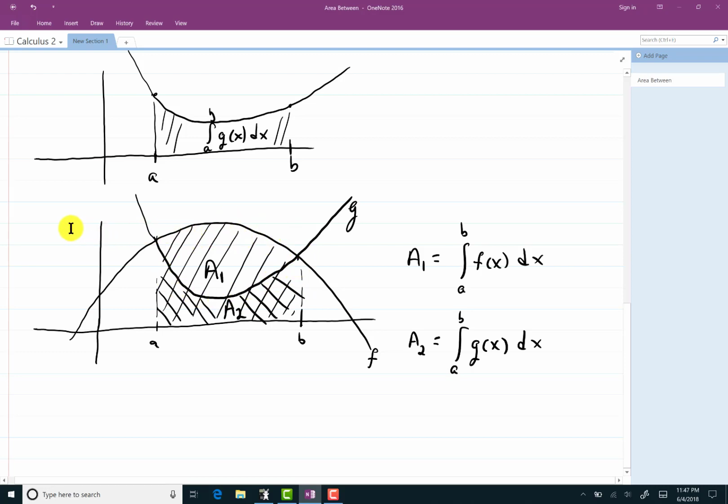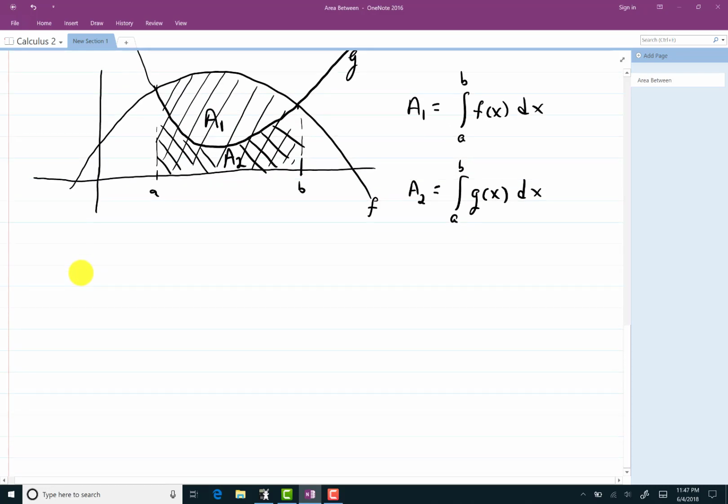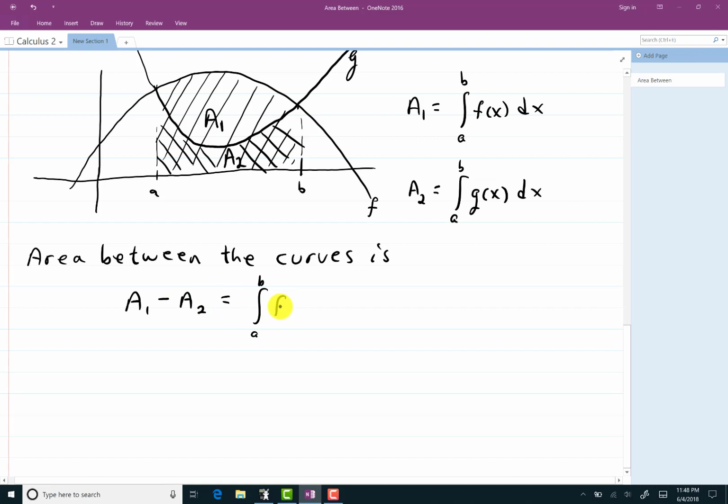So the area between the curves is a1 minus a2, which is the integral from a to b of f of x dx, minus the integral from a to b of g of x dx.